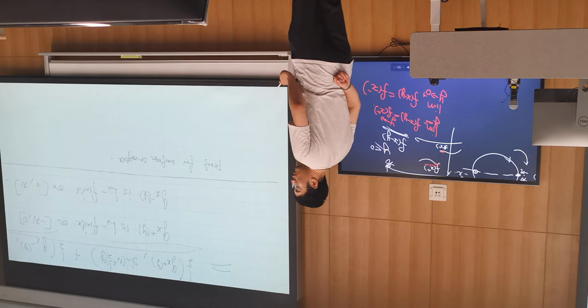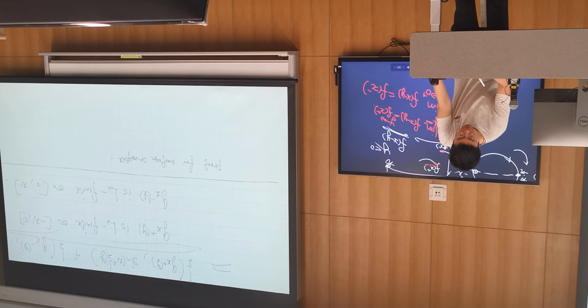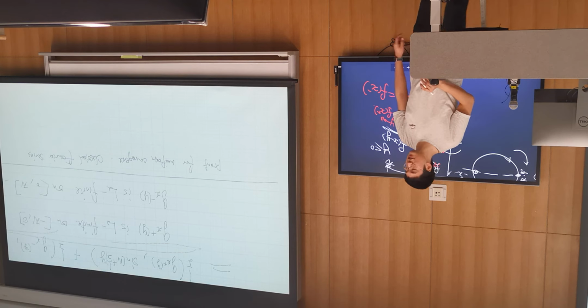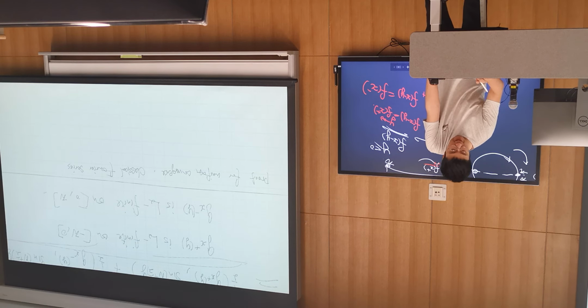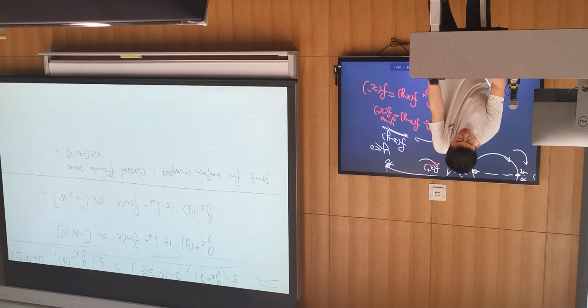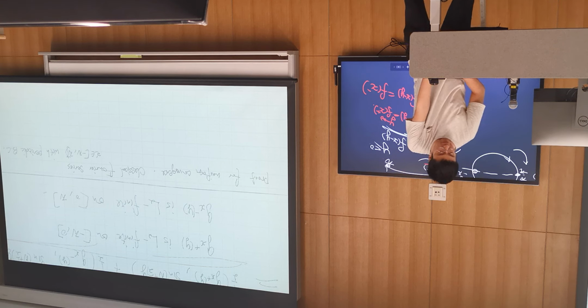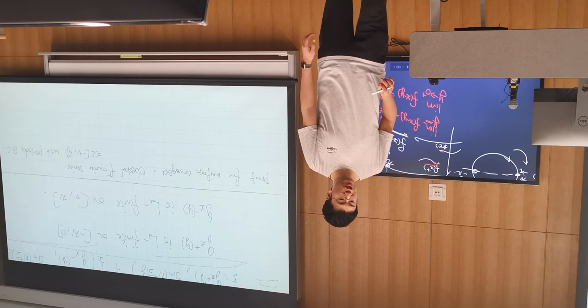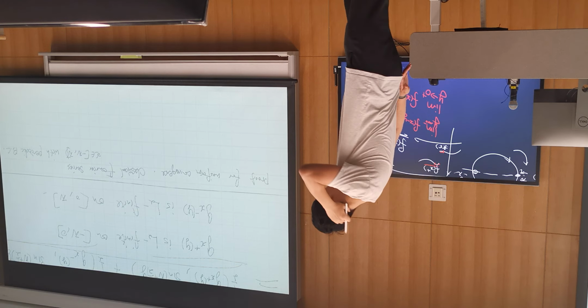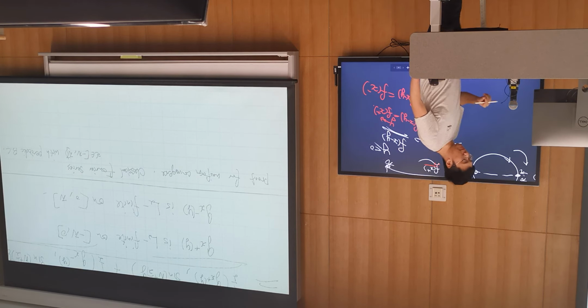Now, if we are only focused on the classical Fourier series, where x belongs to negative pi to pi with periodic boundary conditions, the requirement can be looser than before.